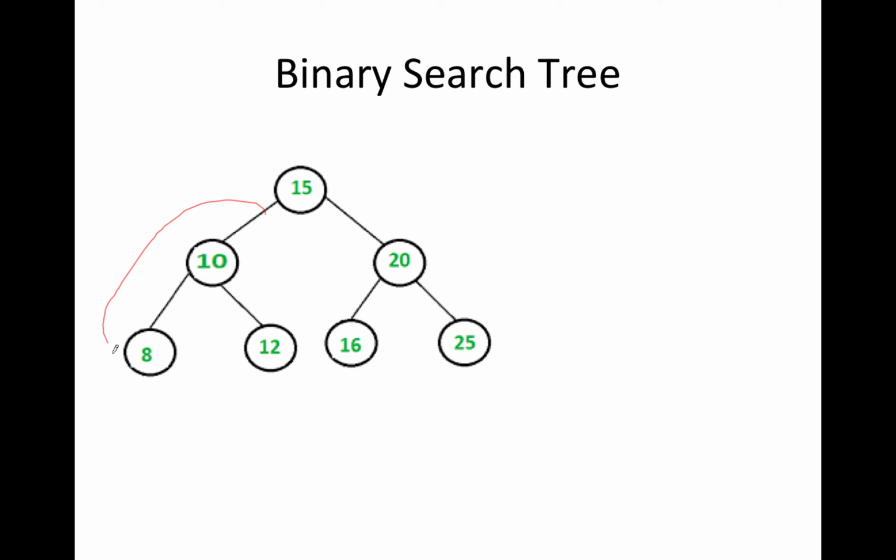Or all the numbers in this subtree are less than 15, while all the numbers in this subtree are greater than 15, and so on. So if we have to look up a number, let us say we are searching for the number 25. We just want to check if 25 exists in the tree.